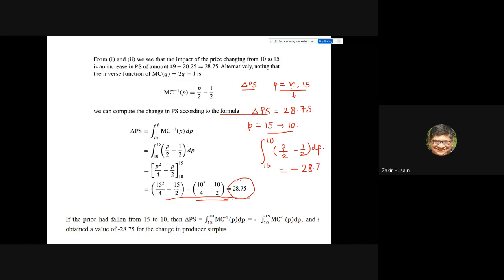The absolute value will be the same. It is always going to be 28.75, but now you have a negative sign. So as you can see, the integral from 15 to 10 is the negative of the integral from 10 to 15. This follows from the properties of integrals.